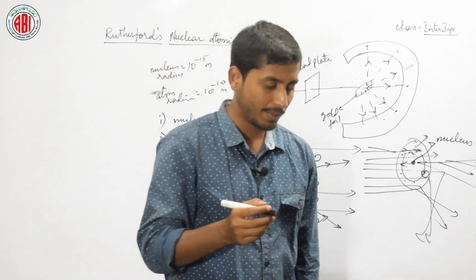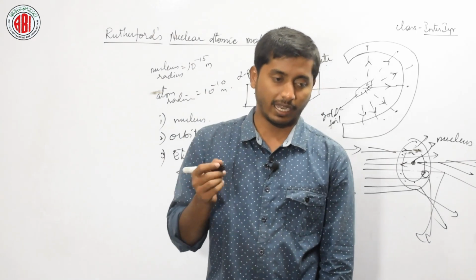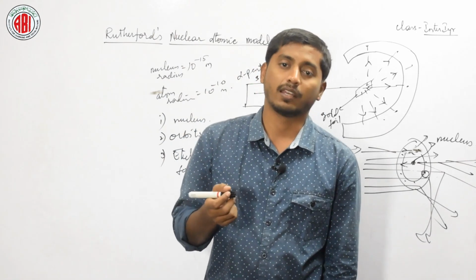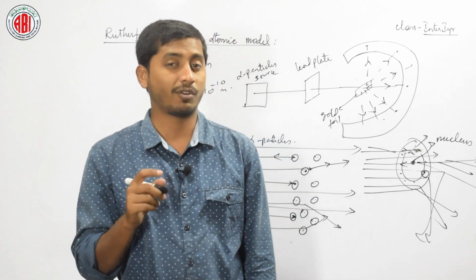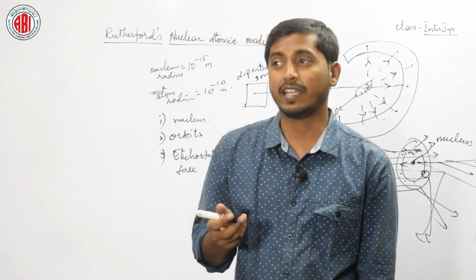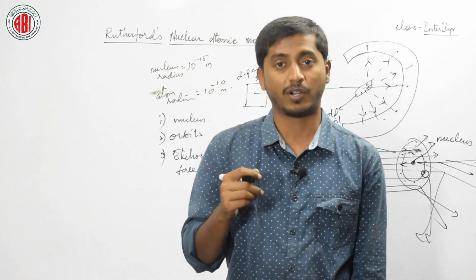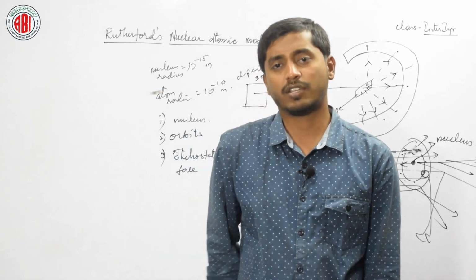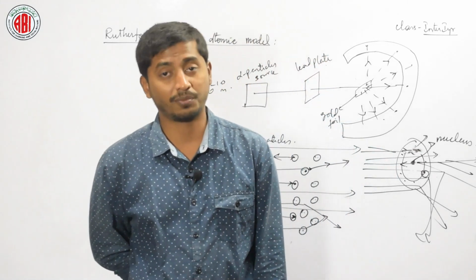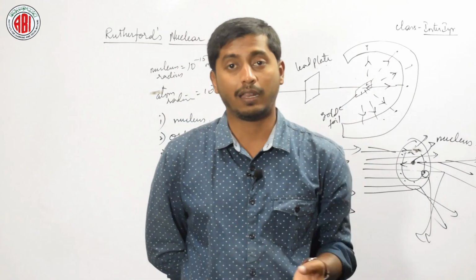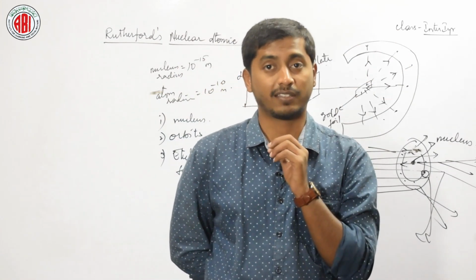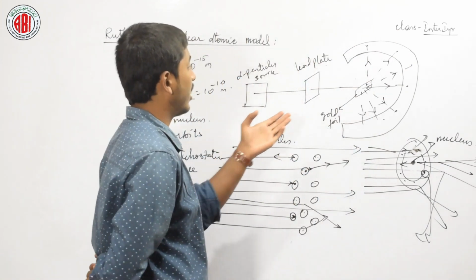Now let us discuss the defects of Rutherford's model. When we started the discussion about Rutherford, we could find that there are a few defects in Thomson's model. What were those defects? What did Thomson say? Thomson said that the whole atom consists of a positive charge. What did Rutherford say from his experiment?